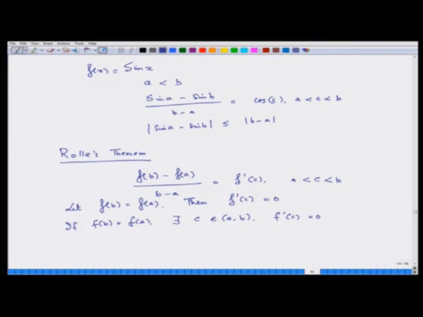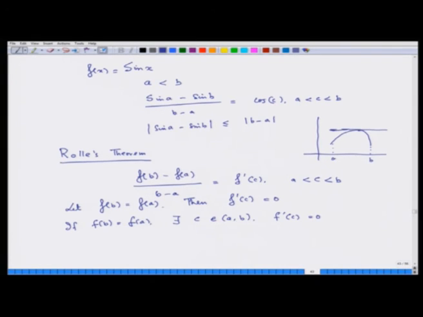For example, look at this diagram explaining Rolle's theorem. This is a and this is b, their functional heights are the same, so it is like this for example. Then you see there is always one point here where the tangent is parallel to the x axis, and that is exactly the meaning of f dash x equal to 0, which we were not told about in the last lecture.